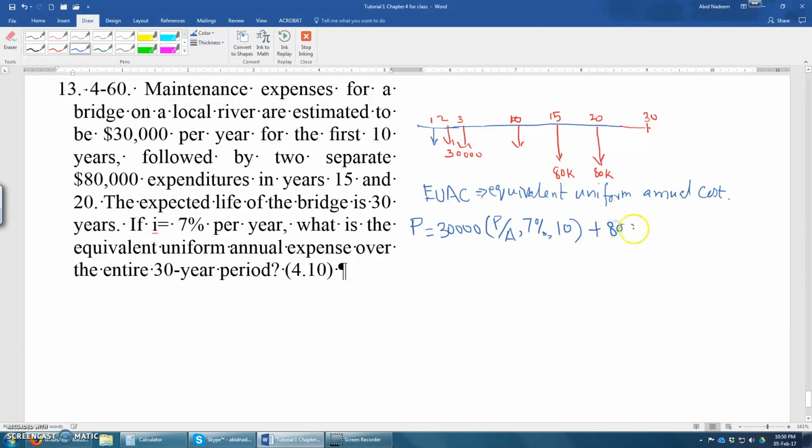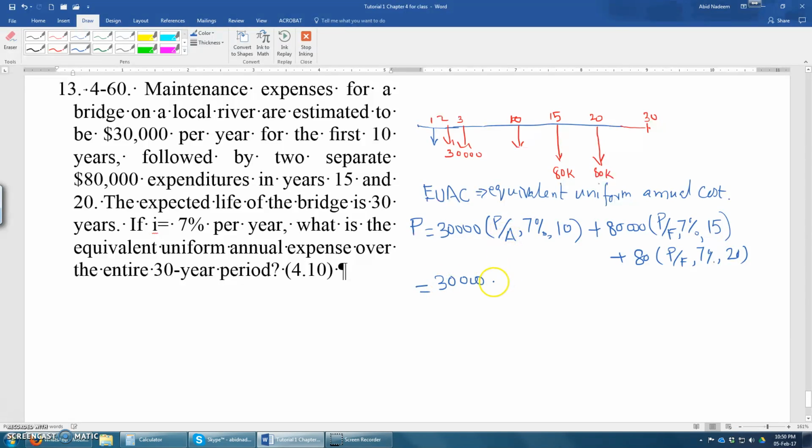So 80,000 P over F, 7%, at year 15, and the other $80,000 at year 20. Now it is just a matter of calculation.